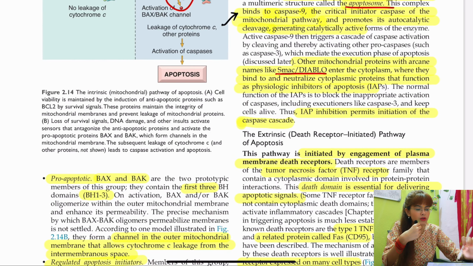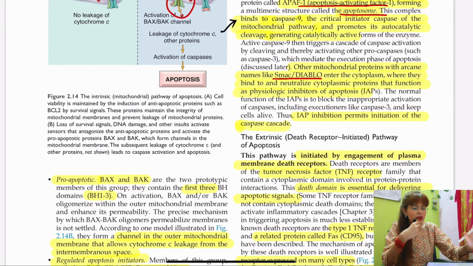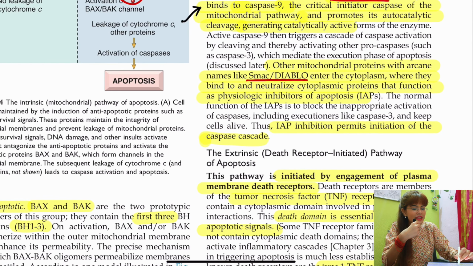There's another very important point here, that is SMAC and DIABLO. What are these things? There are some proteins known as the inhibitors of apoptosis. But SMAC and DIABLO will inhibit the inhibitors of apoptosis, thereby increasing or activating apoptosis.